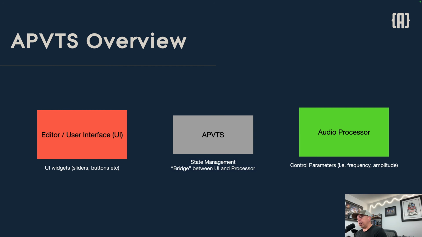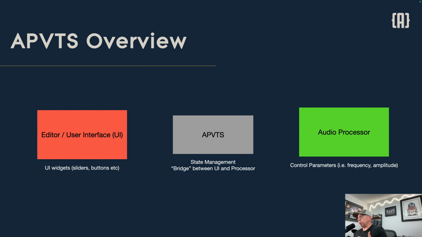The APVTS is that bridge between the UI and the processor, and it's responsible for what we call state. By state, what we mean is if you were to take a plugin, or for that matter, any app, and freeze frame it for a moment, just take a snapshot of it, then you would have some different parameters.